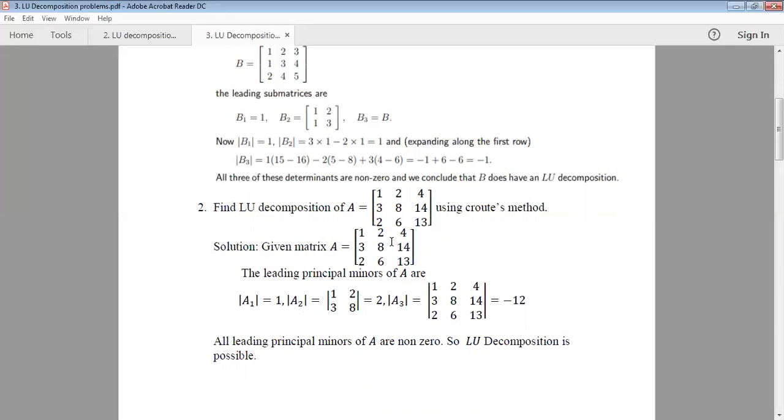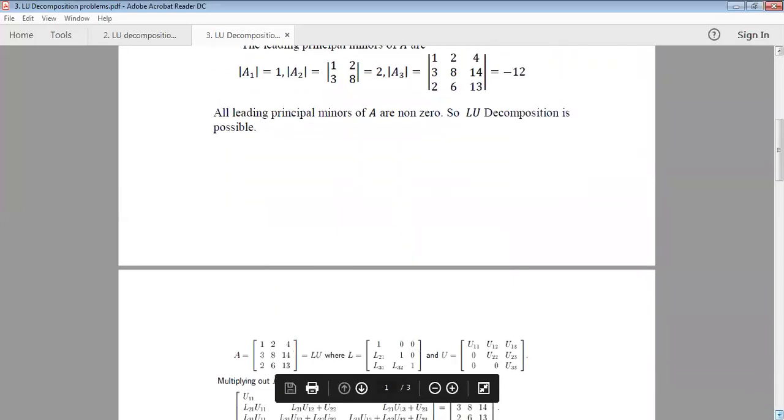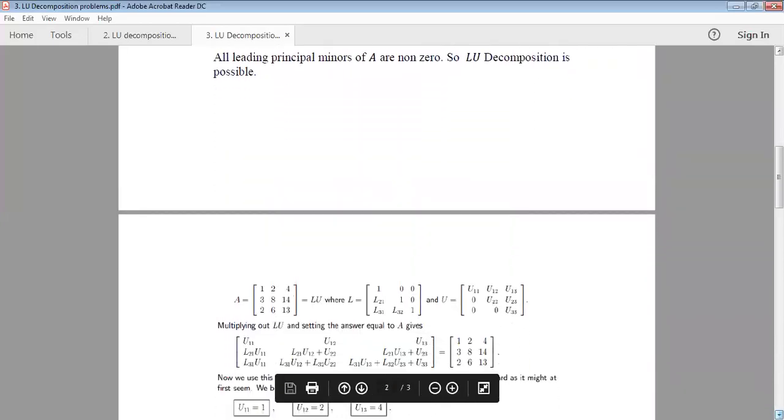And the leading principal minor of order 3 is the determinant of the given matrix. So the determinant of the given matrix is minus 2. So all leading principal minors of A are non-zero, so LU decomposition is possible.